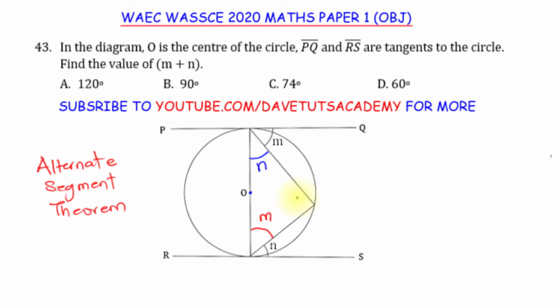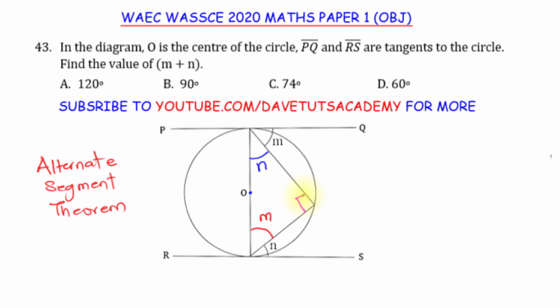Then secondly, looking at this particular circle, the line from the two tangents, PQ and RS, passes through the center of the circle. So that makes that line the diameter of the circle. And if this is the diameter, then the angle in this particular place, this angle here, is going to be a right angle.